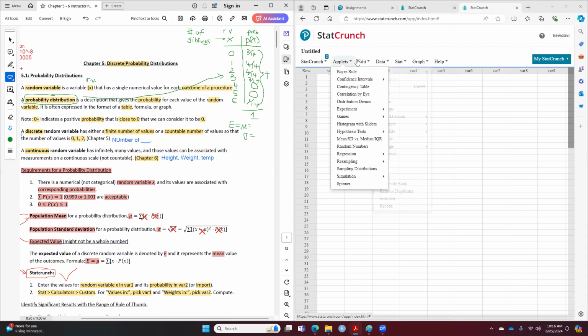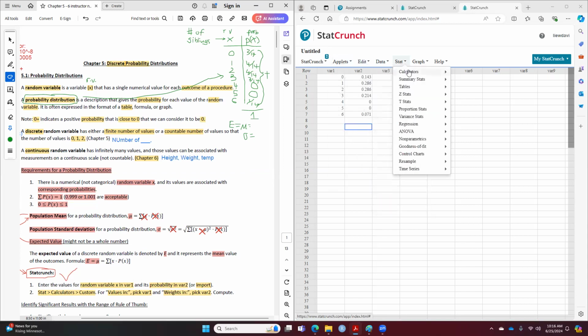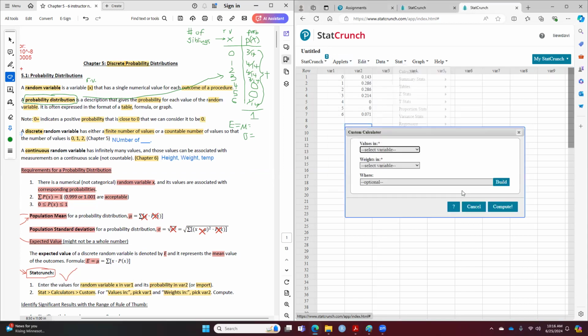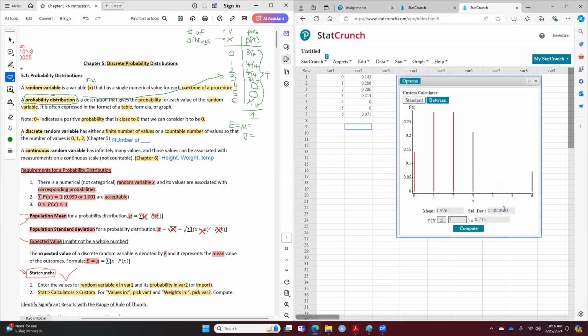So I go back to the same thing, go to Stat, Calculators, Custom, var1 and var2. Yeah, this is the correct one. So the expected value, or the population mean, should be 1.926, so it's 1.93, with the population standard deviation of 1.48. Sorry, that was my mistake just now.